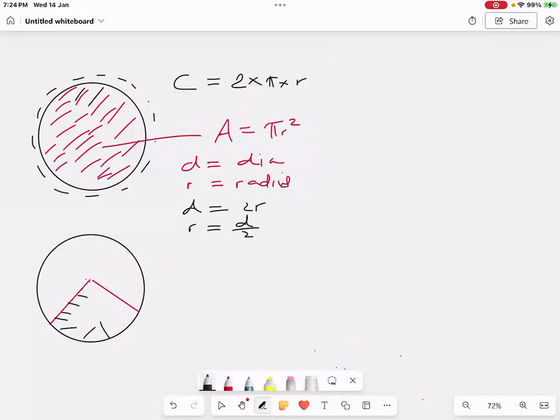And that region of the circle is called a sector.